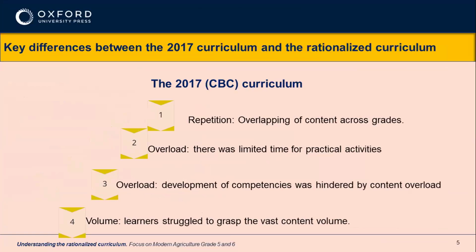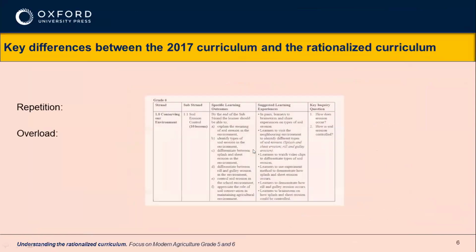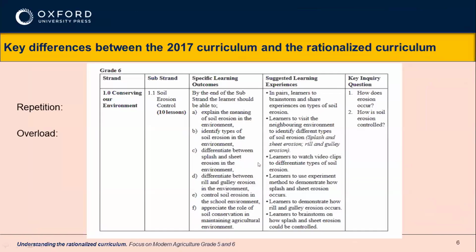We now had, I'm looking for the slide that is showing the new curriculum. This is just an example of the old curriculum that is showing an overload. I've picked a curriculum designed for grade 6, which was agriculture, the 2017 curriculum.